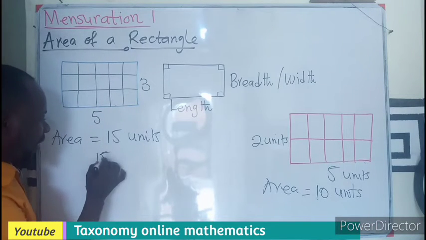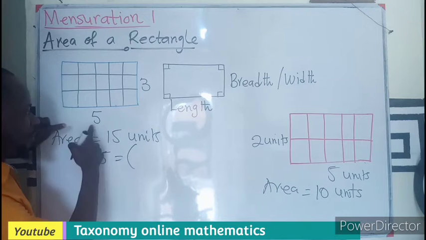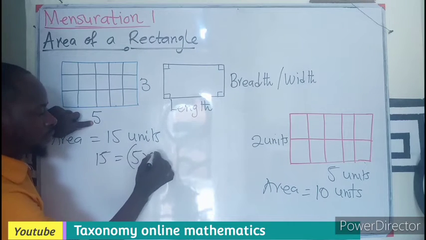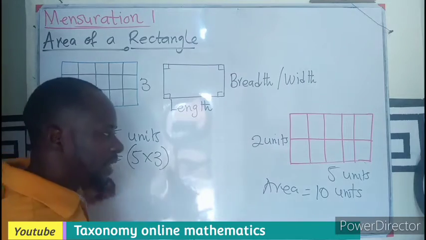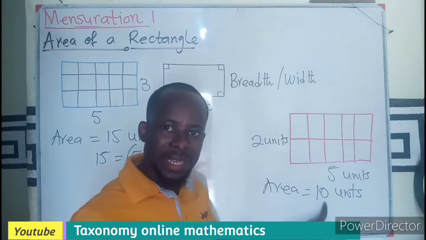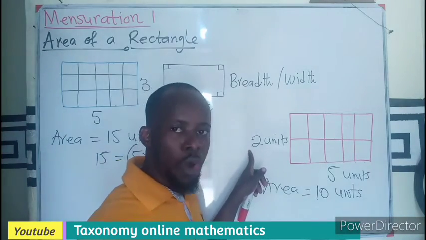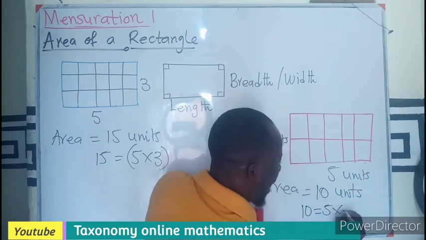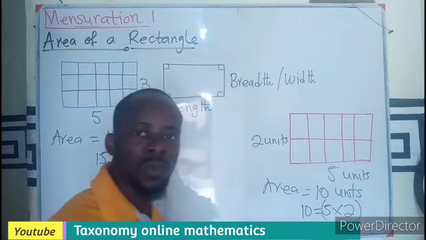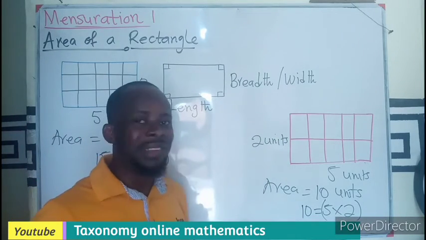Inside this 15, I can also say that it's the same as 5 times 3. And 5 times 3 is 15. If I look at 10, 5, and 2 also, I can rewrite 10 as 5 times 2. And 5 times 2 is the same as 10.